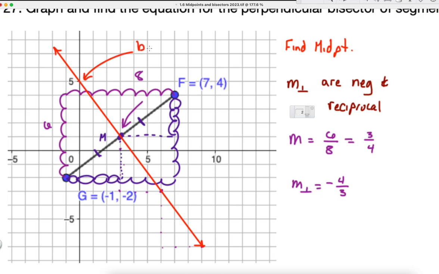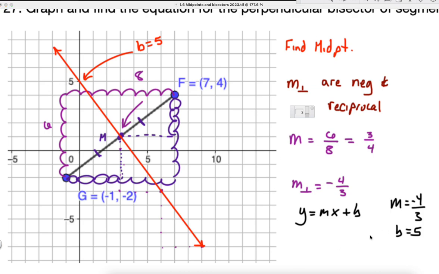Well, this is our b value in the slope-intercept form equation. y equals mx plus b. I already know my slope is -4/3, and I know my b is 5 because that's where it intersects the y-axis.